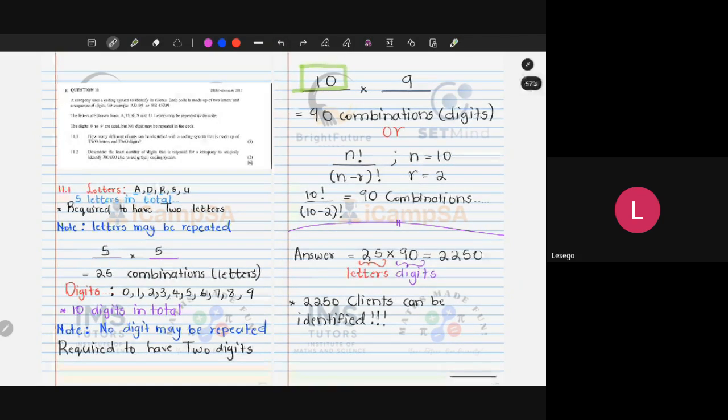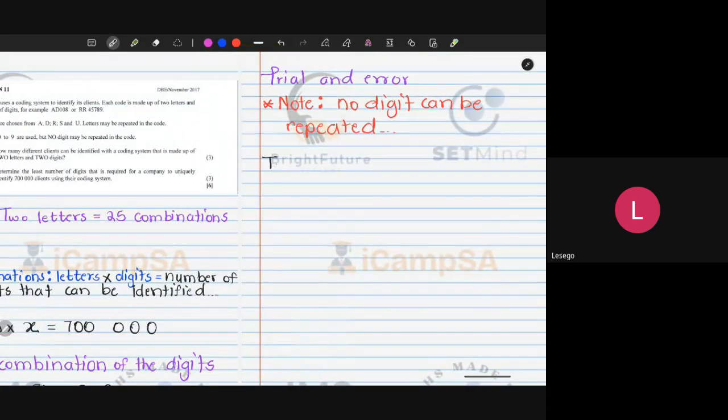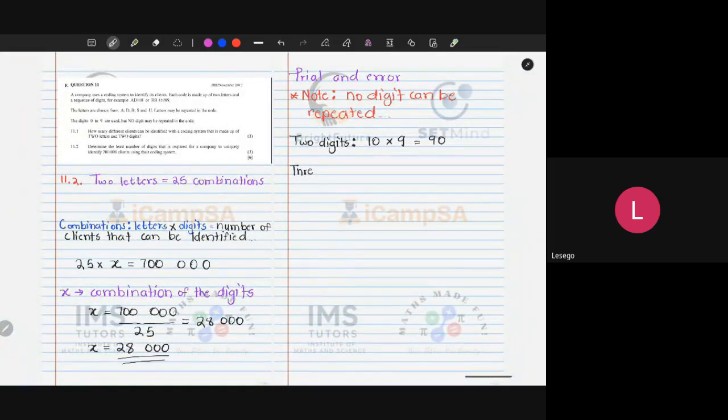So let's start with two digits for your benefit. When we do two digits, we get 10 times 9, which becomes 90. Okay, 90 is not enough because what we need is 28,000. So we'll go to three digits, which means we are going to have 10 times 9 times 8. What is that, guys?